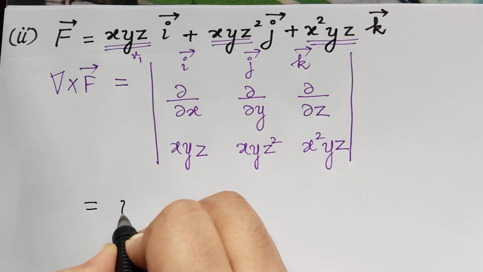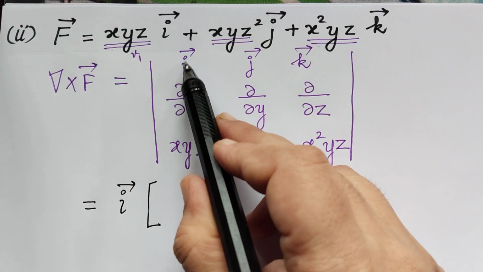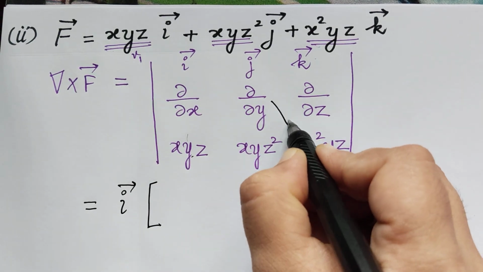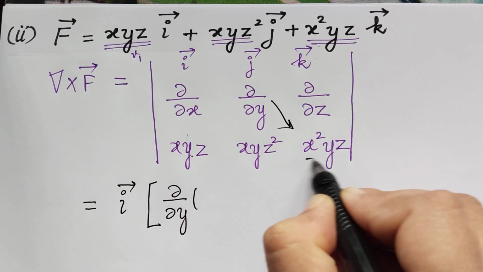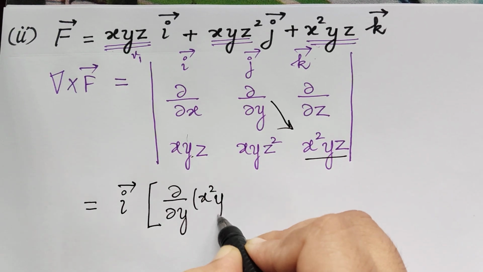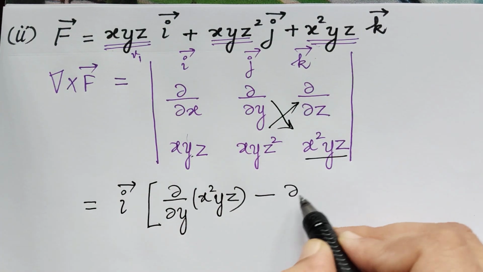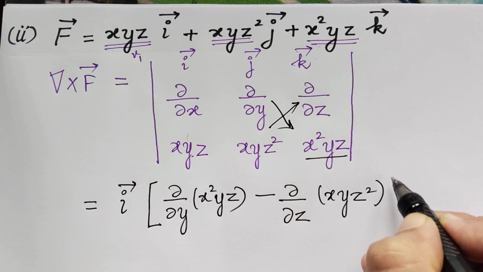So this will be equal to i vector multiplied with, as I told you, we have to block this row and column, and this row, and so this multiplied with this, so ∂/∂y of x²yz, minus this multiplied with this, so ∂/∂z of xyz².